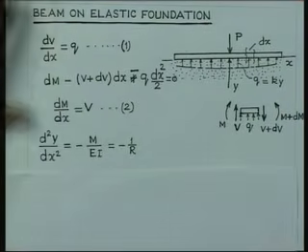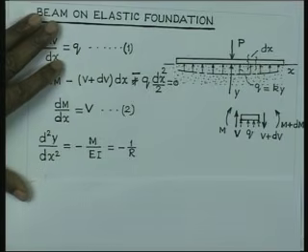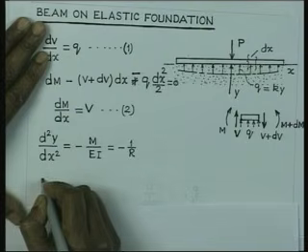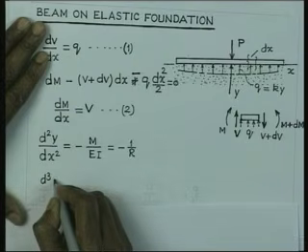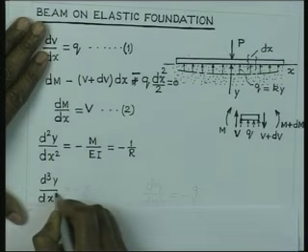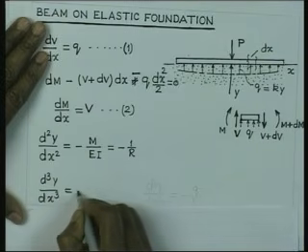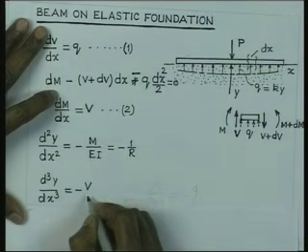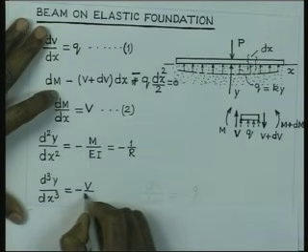So, having got it, now we can do a little bit of manipulation on it. If I now try to write d3y/dx³, it is nothing but dM/dx. So, that will become V by EI.